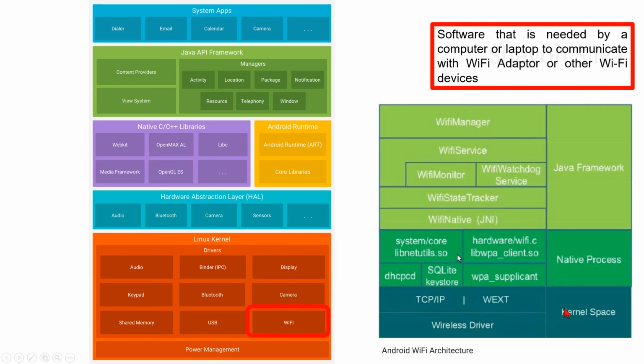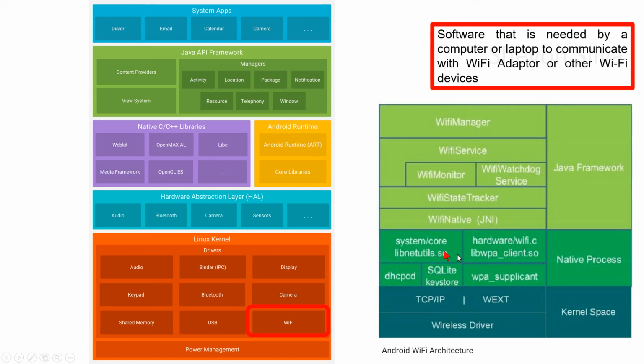So here you can see the kernel space, and you see the wireless driver, and here TCP/IP, and here WEXT, and this is a native process, system/core/libnetutils.so, and here hardware/wifi.c and libwpa_client.so, and this is DHCPCD and SQLite keystore and wpa_supplicant here.